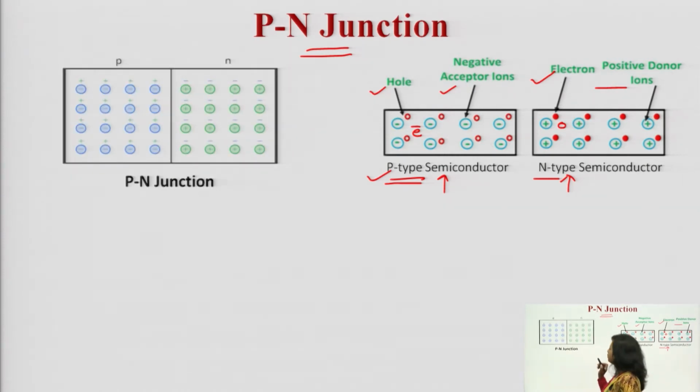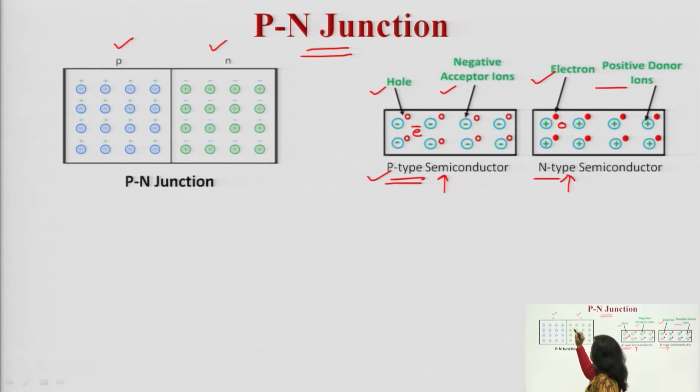You can see in this diagram. A P-type semiconductor is taken which is joined with an N-type semiconductor. In the P-type semiconductor, majority charge carriers are holes and minority charge carriers are electrons, while in the N-type semiconductor, majority charge carriers are electrons and minority charge carriers are holes.